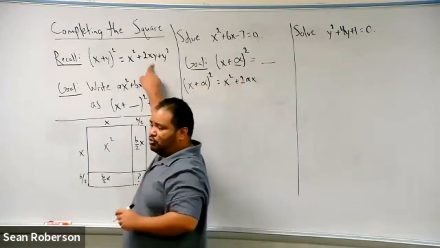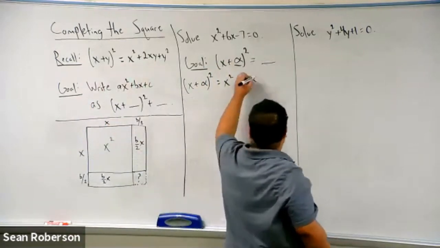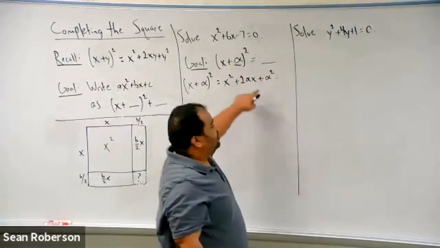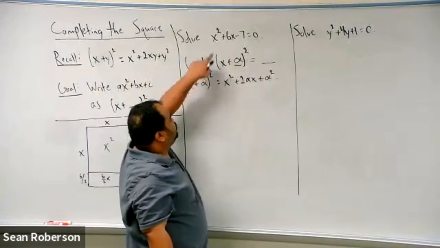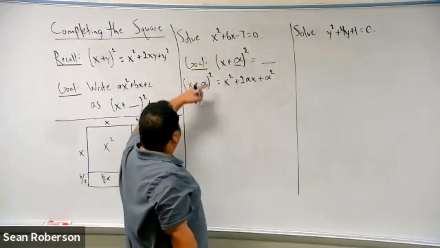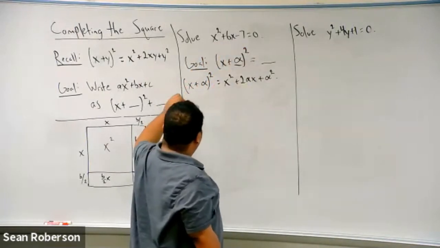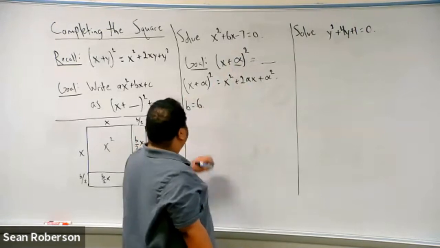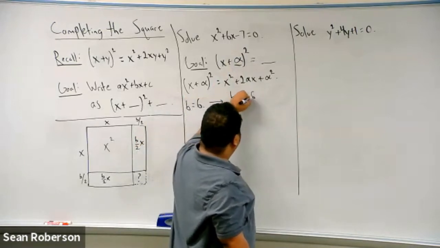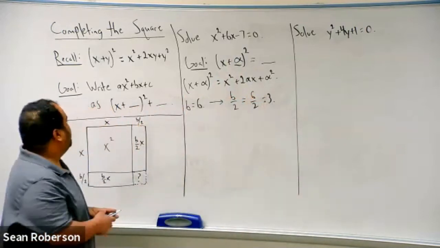Remember that it doesn't matter which order these are in, multiplication commutes in the real number system, plus alpha squared. And I want to be able to have this part equal to something that looks like this. Well, let's first look at our original equation and notice that in the original, b is equal to 6. So b over 2 is 6 over 2, which is 3.